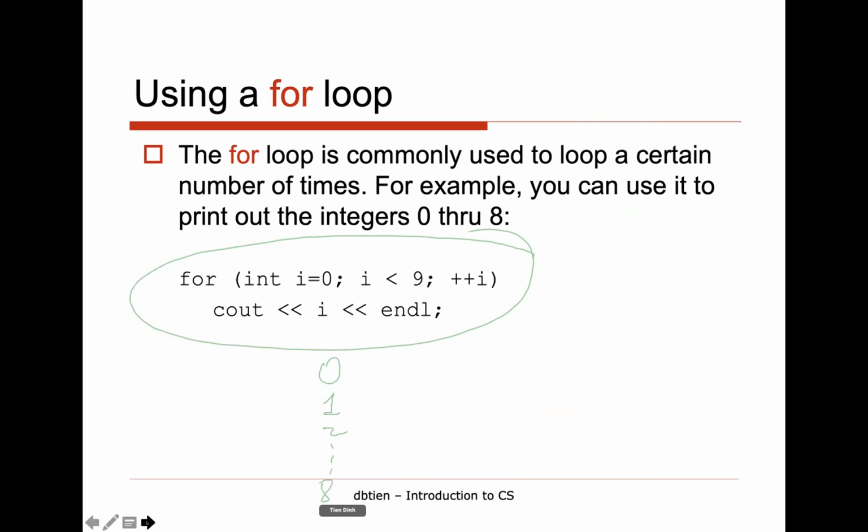So starting, okay, i is 0. If i is still less than 9, we print out and increase i, go back, check if it's still less than 9, print out, increase i, go check. If it's less than 9, keep going.